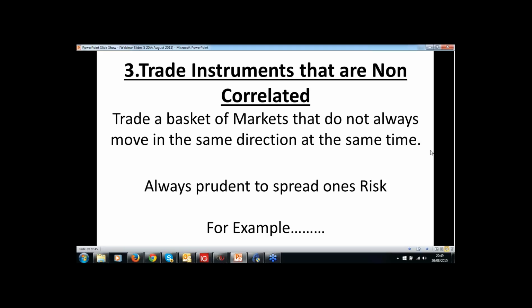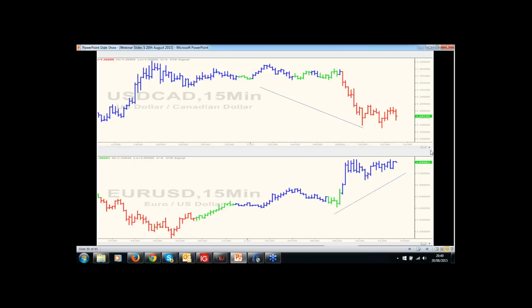And once you get into the methodology, certainly it is very wise and professional to look at a couple of non-correlated markets. The examples are the US dollar, Canadian dollar. It obviously trades in the opposite direction to the euro US dollar. That's just a prime example. One market's going down, the other's going up. The reason that you're doing that is because the market that you're getting the buy signal from may not go up as much as the market that's coming in with the sell signal.